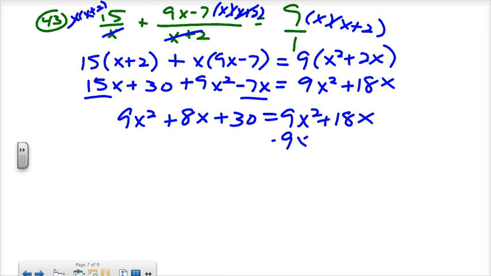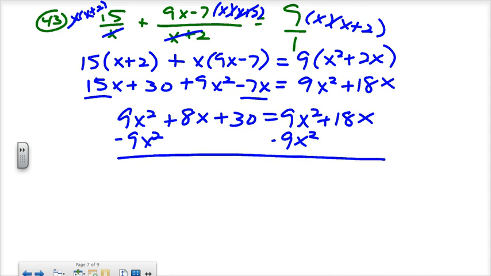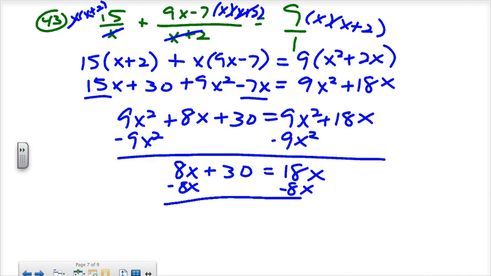We start to move everything over because we know that to solve means to find the zeros. And like I said, good things happen here. We're now down to linear, which means we'll have one solution. So let's subtract 8x from both sides. 30 will equal 10x. Divide both sides by 10, and we get x equals 3.